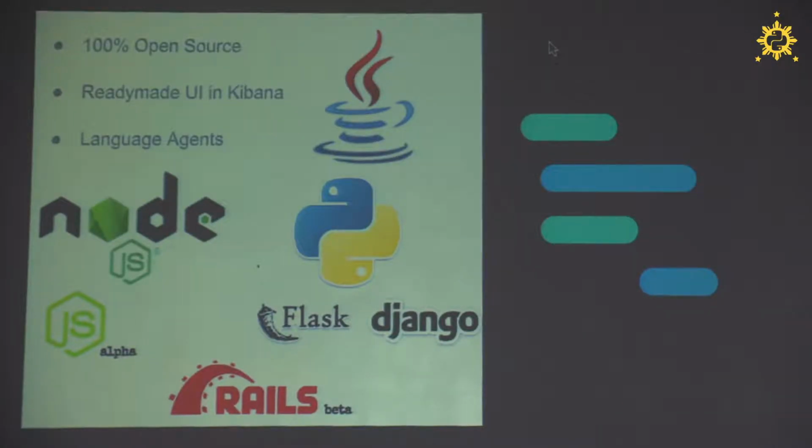Now this entire framework that I'm talking about, the product itself, all the agents, everything is open source. We support a host of frameworks because we believe that Python is really good for some particular use cases, and you have React and Node.js, which are really good for some other front-end use cases. So how do you collect data from all of these? When you build an enterprise app, you will not stick to one language.